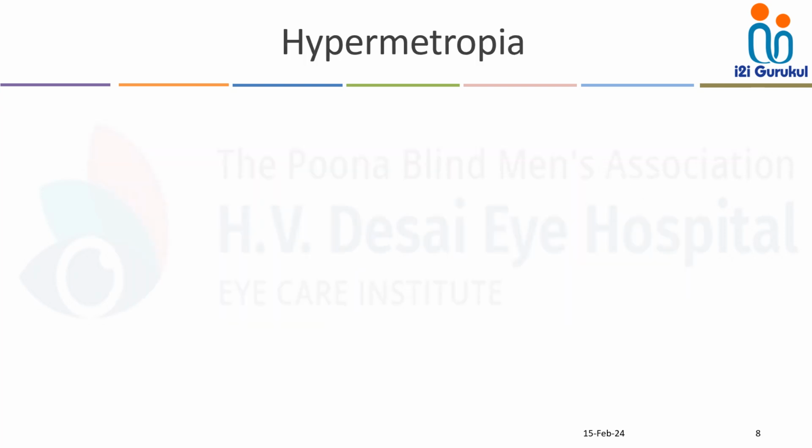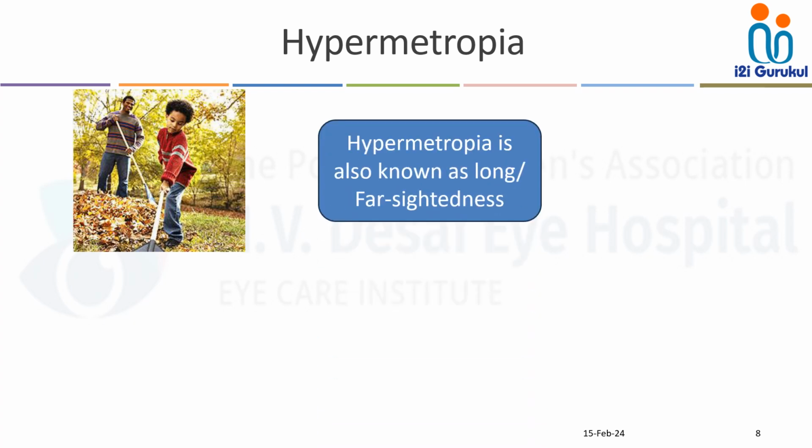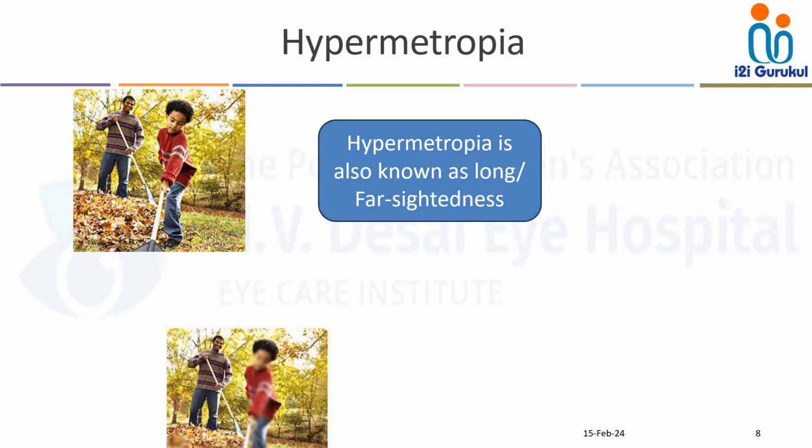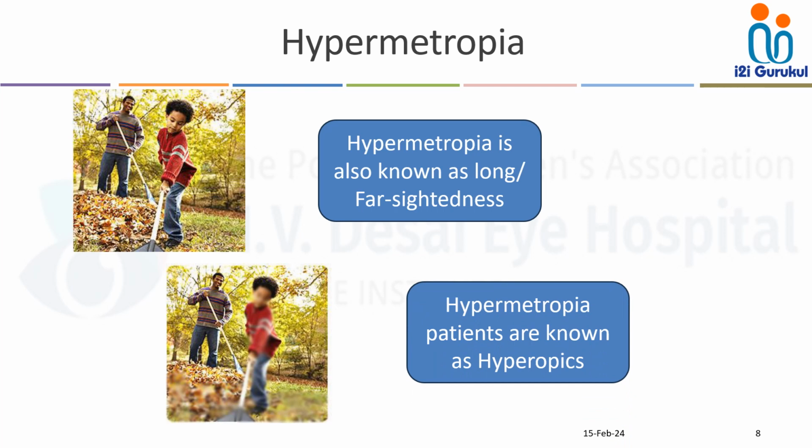Now hyperopia or hypermetropia is also known as long-sightedness or farsightedness. Hypermetropia patients are also known as hyperopes. In these two images you can see the hypermetropic patient sees distance clearly but not near things.